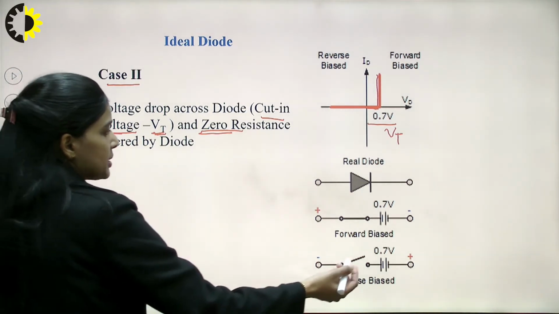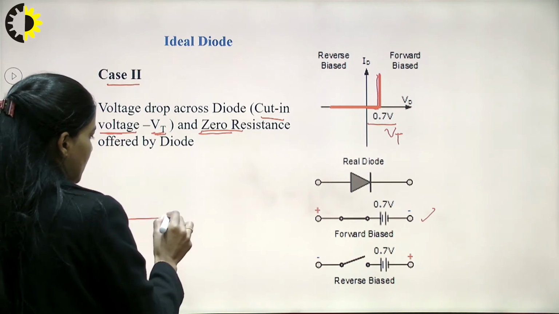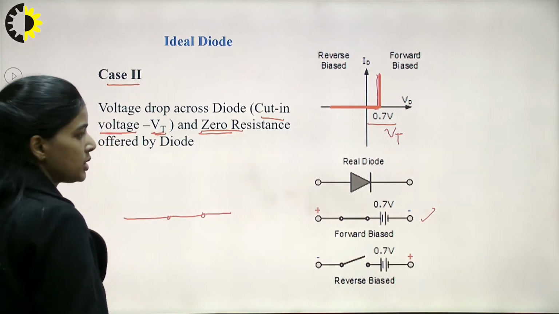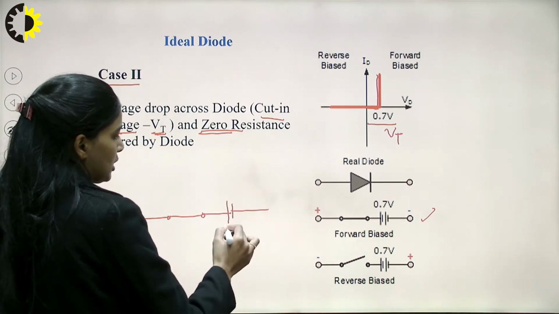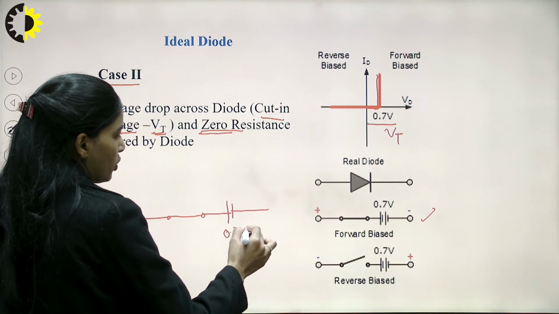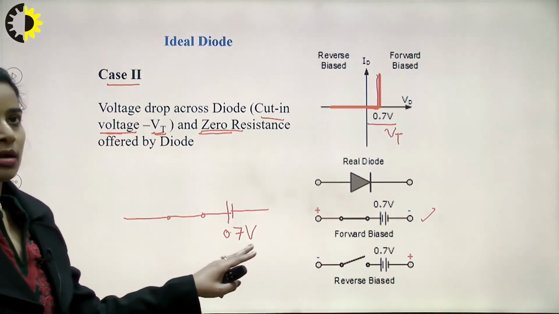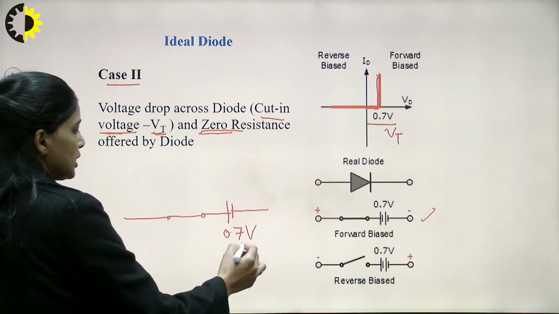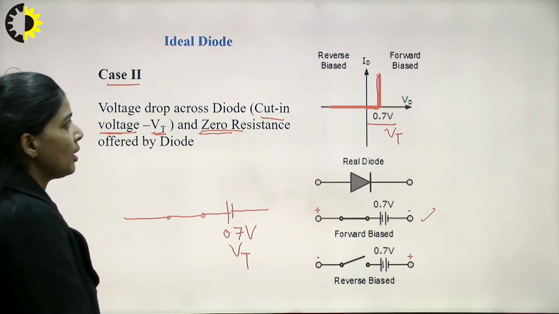That we can represent like this, a closed switch in the forward bias. So the diode is represented as a closed switch, and the voltage drop across it is represented by a 0.7 volt battery. In this way we can represent a diode that has a cut-in voltage of 0.7 volts.